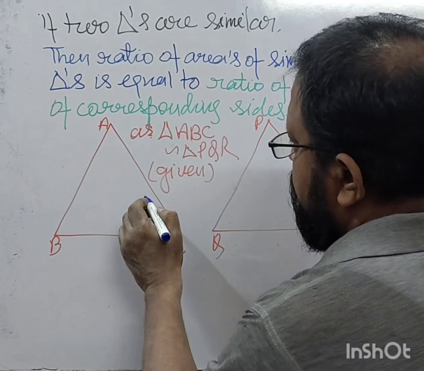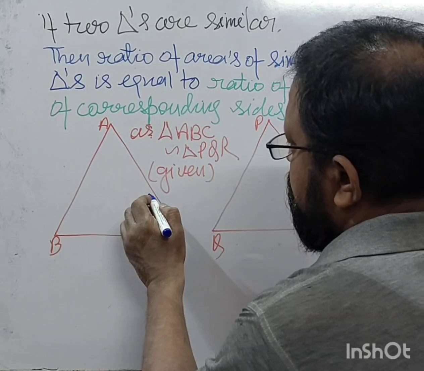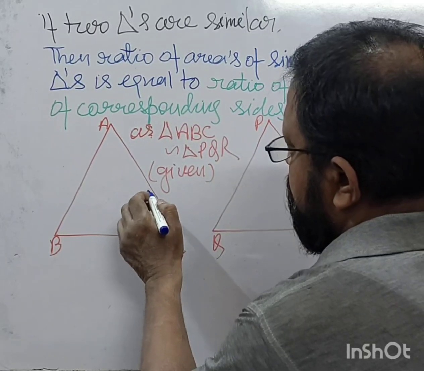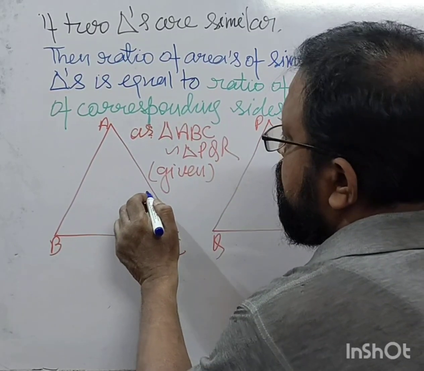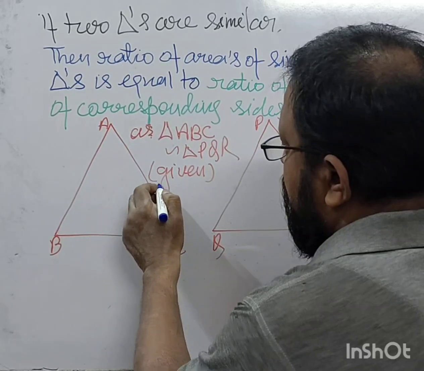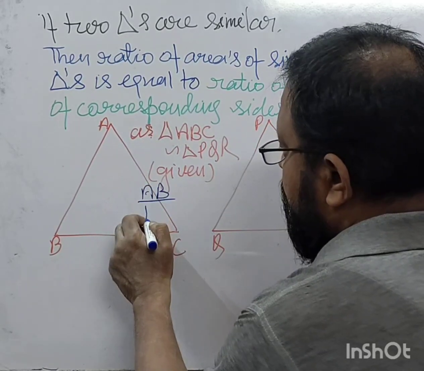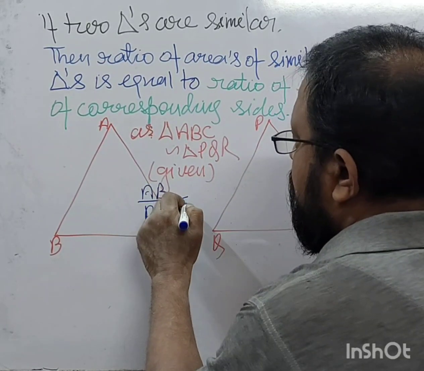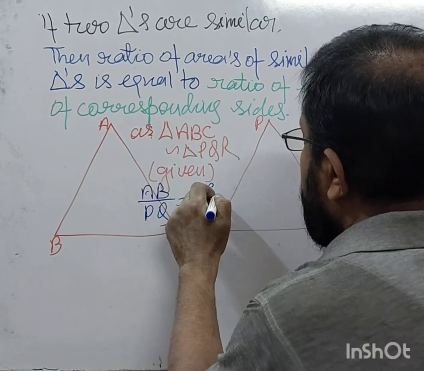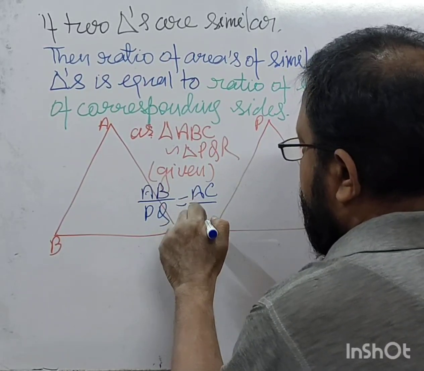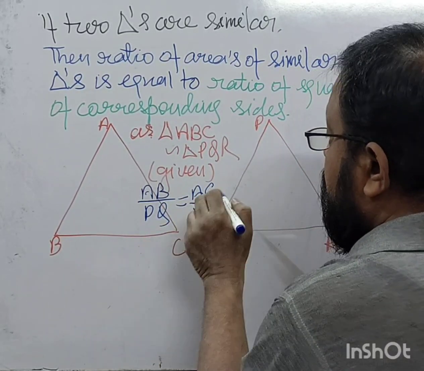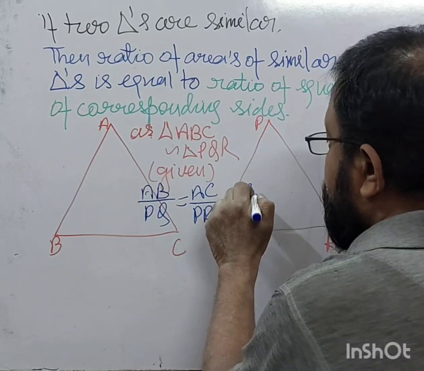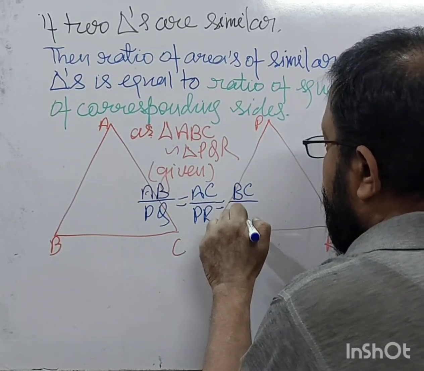So AB upon PQ is equal to AC upon PR is equal to BC upon QR.